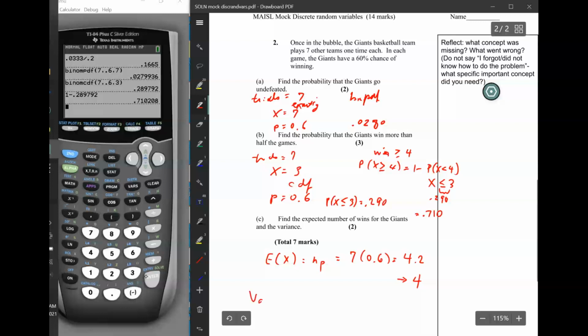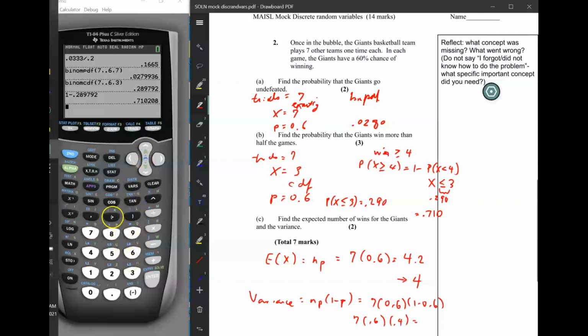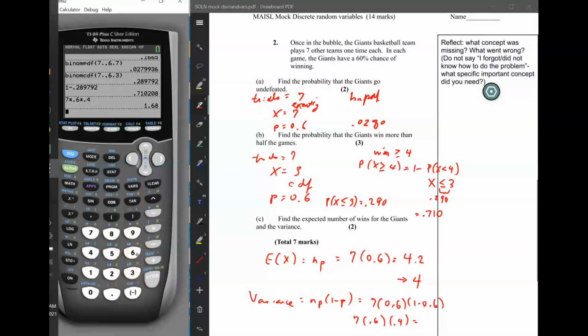What about variance? In the formula sheet, variance is given as n times p times 1 minus p. So it's basically almost the same formula. You just have one extra number to write, which would be 1 minus 0.6. So it would be 7 times 0.6 times 0.4, which is equal to 1.68.